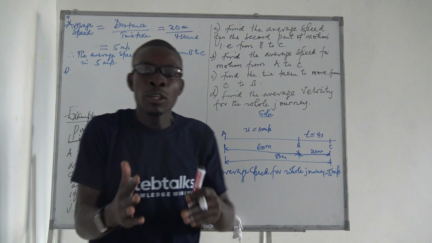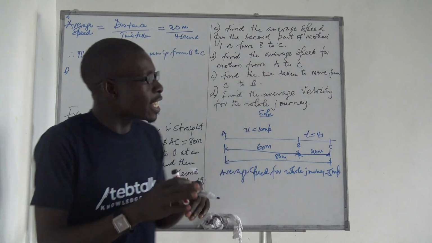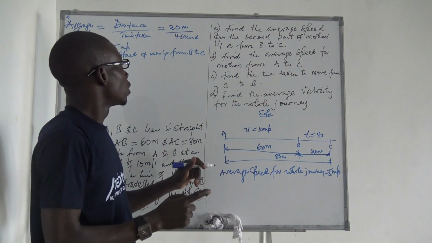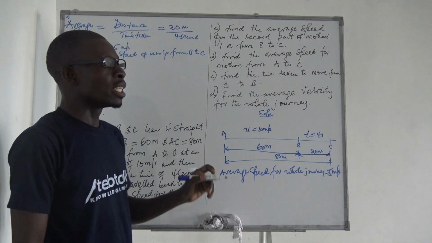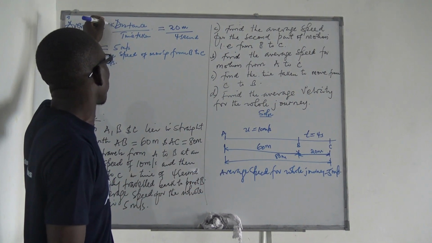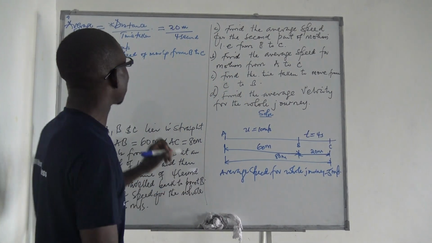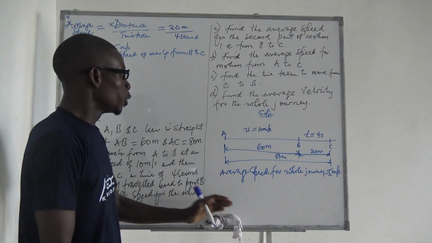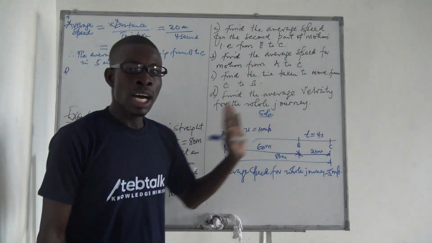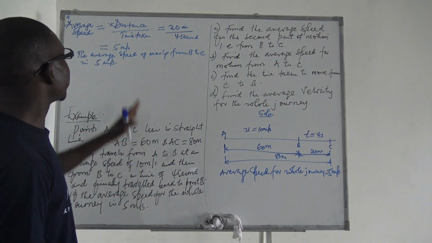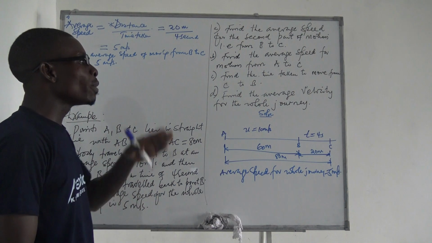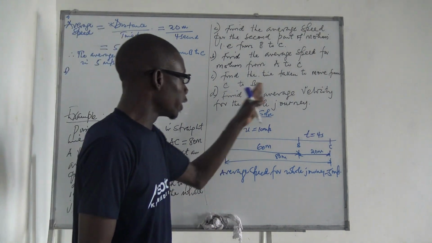Interestingly, if we are to analyze motion from A to C, and again we still need the average speed, the same formula still works. Only that the distance we should be looking at should be distance AC, and the time we should be looking at should be the time of traveling from A to C.